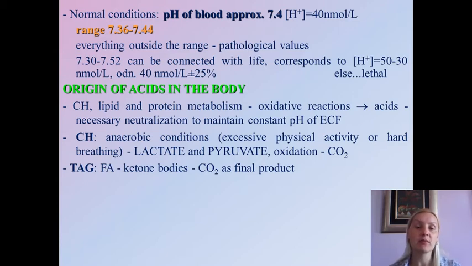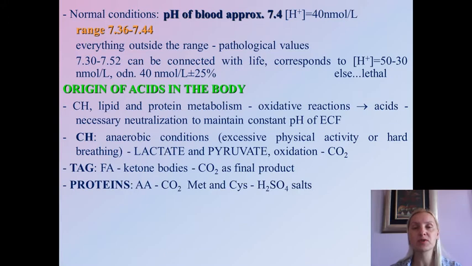What about the metabolism of proteins? Proteins are hydrolyzed to amino acids, so they are acids. They can catabolize further to give some of the intermediates of Krebs cycle, thus they can be catabolized to carbon dioxide and water, which means carbonic acid.